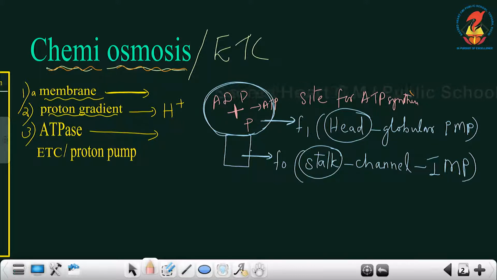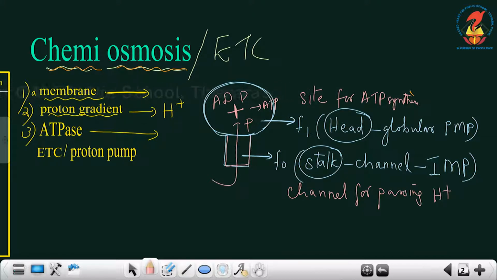Whereas the function of this F0 is that it serves as a channel for passing of the protons. Okay, the protons pass. See, the first proton passed, second proton passed, third proton passed. So it's a channel through which the proton passes.